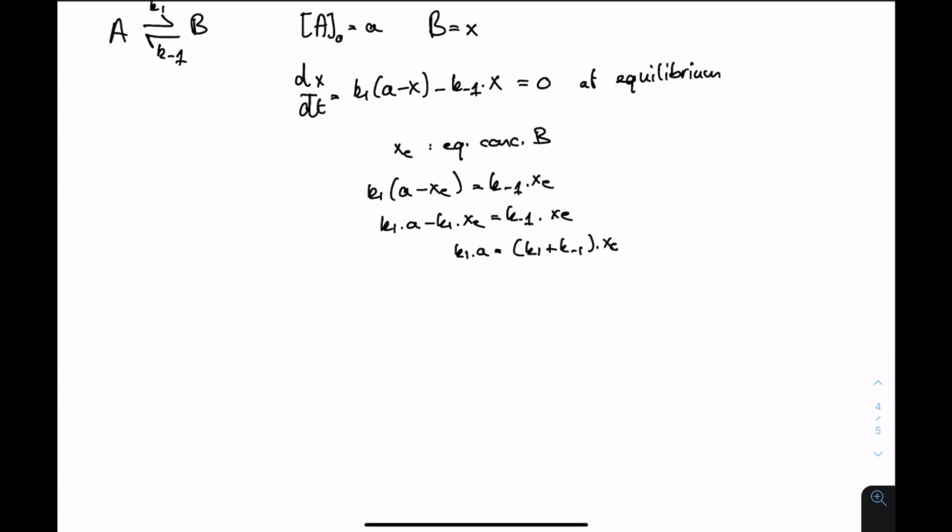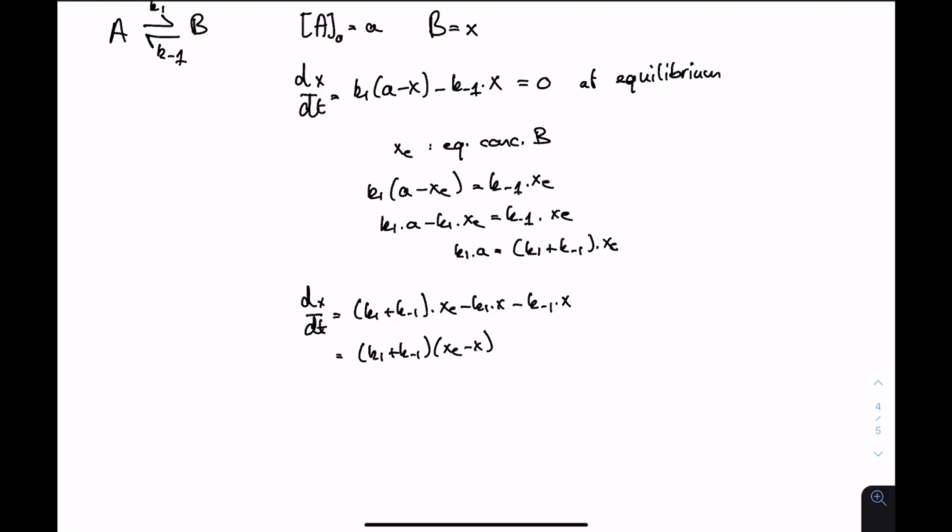Okay, so we substitute that. dx/dt is (K1 plus K minus 1) times xe minus K1 times x minus K minus 1 times x, which is (K1 plus K minus 1)(xe minus x).